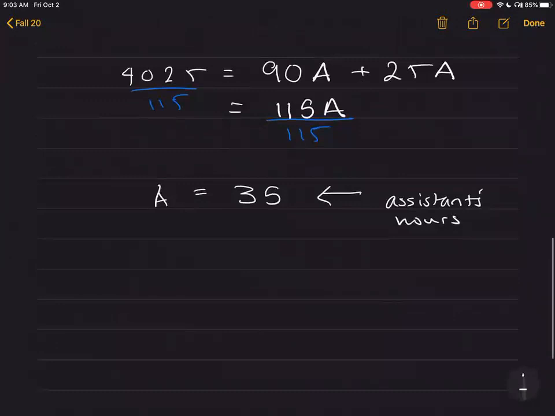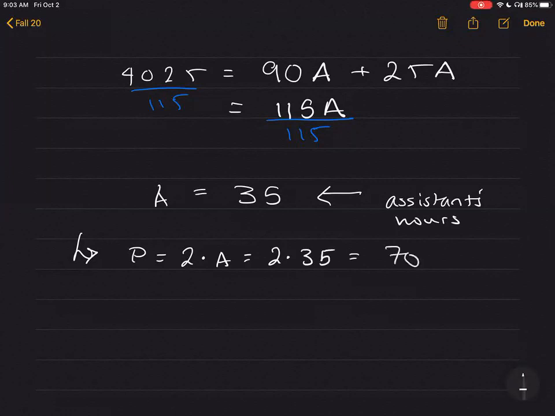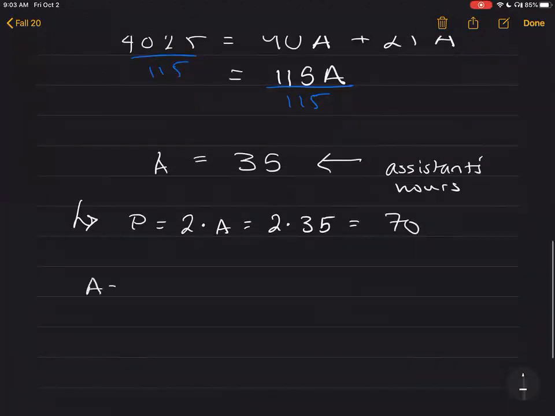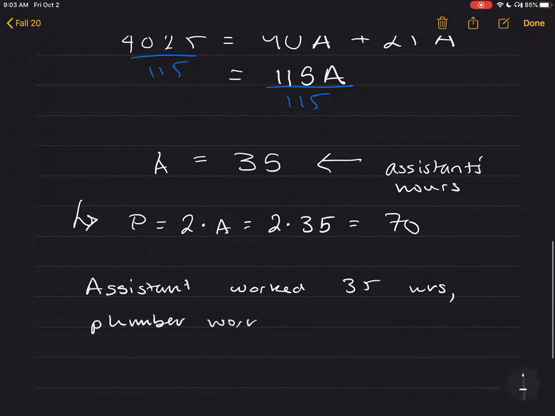So P equals 2 times A, which is 2 times 35, which is going to be 70. So the assistant worked 35 hours. The plumber worked 70 hours. Cool, so that's that word problem.